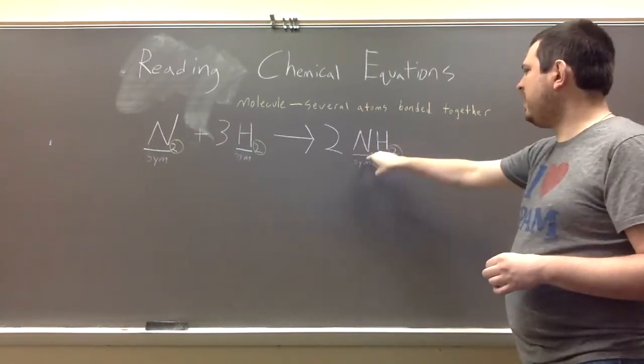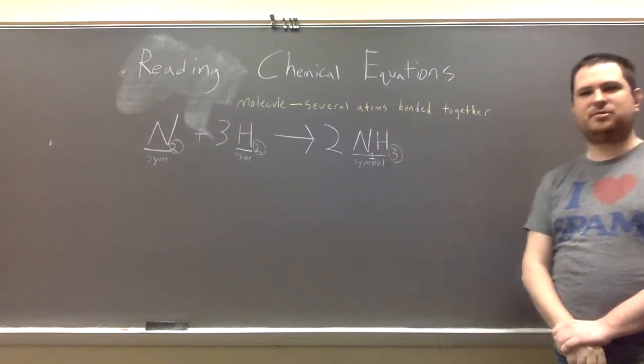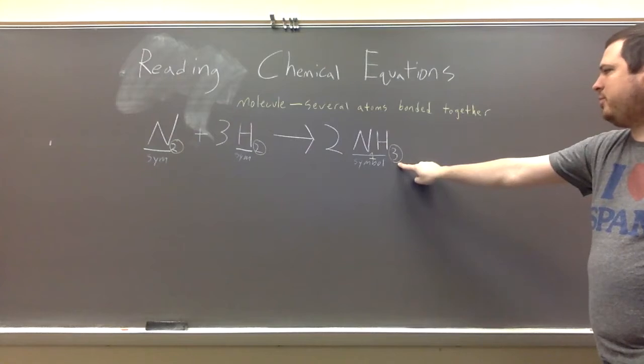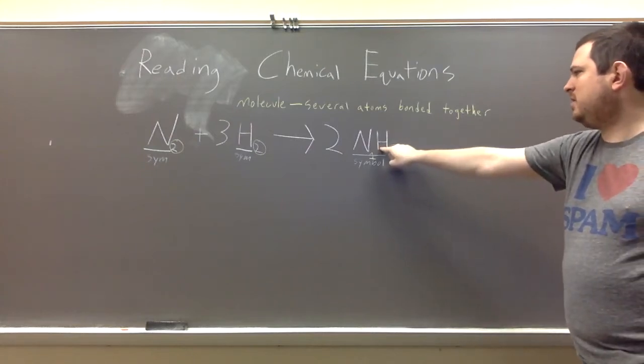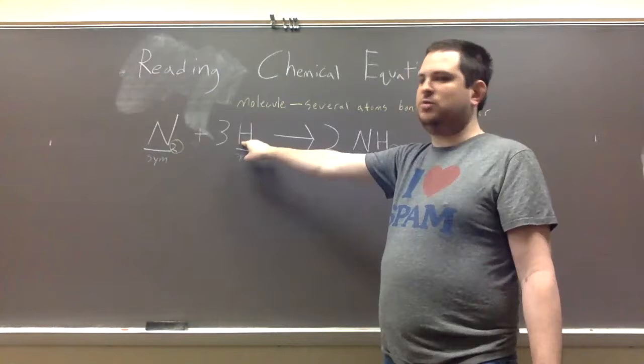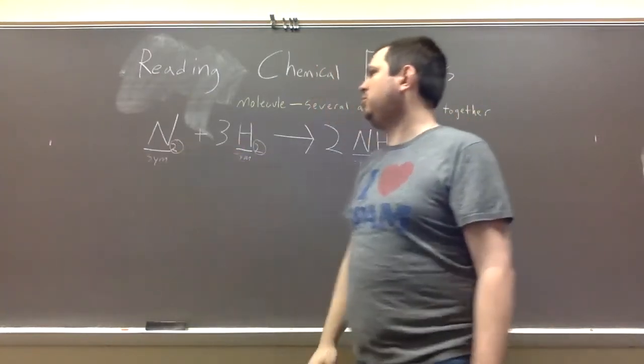So we have 1 nitrogen. If there is a number next to it, that is the number of atoms that are in that molecule. So here you have 3 hydrogen in this molecule, 2 hydrogen in this molecule, and 2 nitrogen in this molecule.